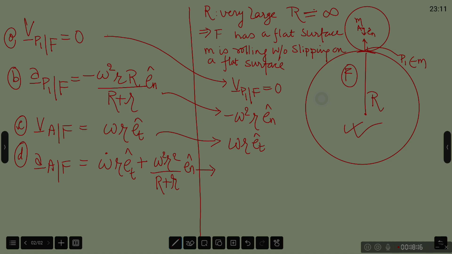Its component along Et remains unaffected, but the component along En is actually 0. It vanishes when R goes to infinity. So the acceleration of point A just remains omega dot r times Et.